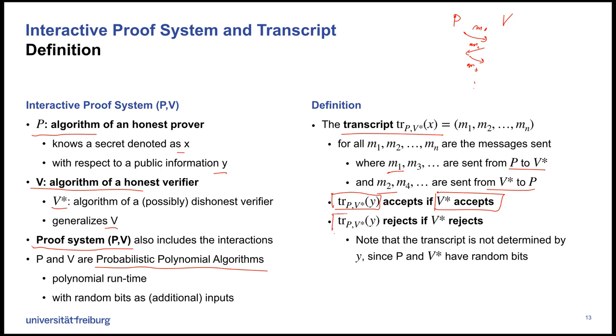And we say it rejects when the verifier rejects. So we can look at the messages and find out whether this is accepting or not. The transcript is not necessarily determined by the public information, because we have random bits, and the prover and verifier could also choose random numbers and send them around.